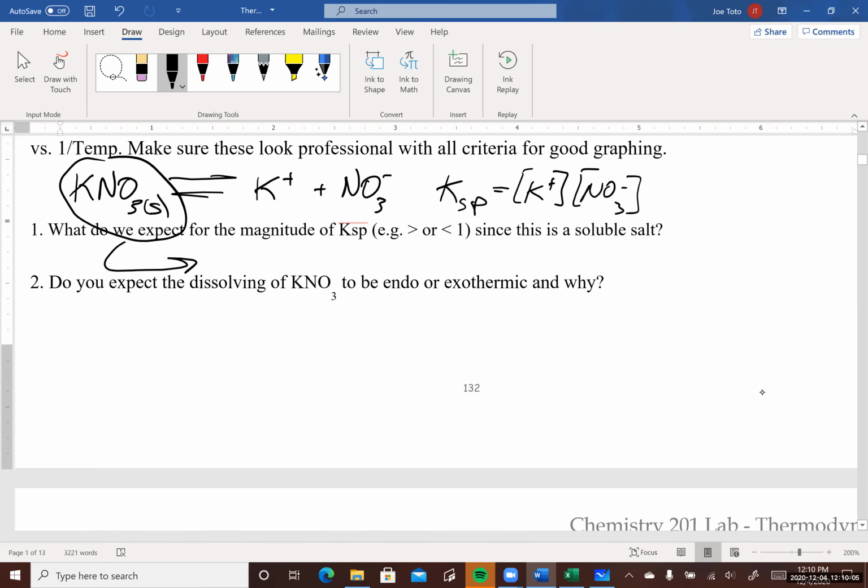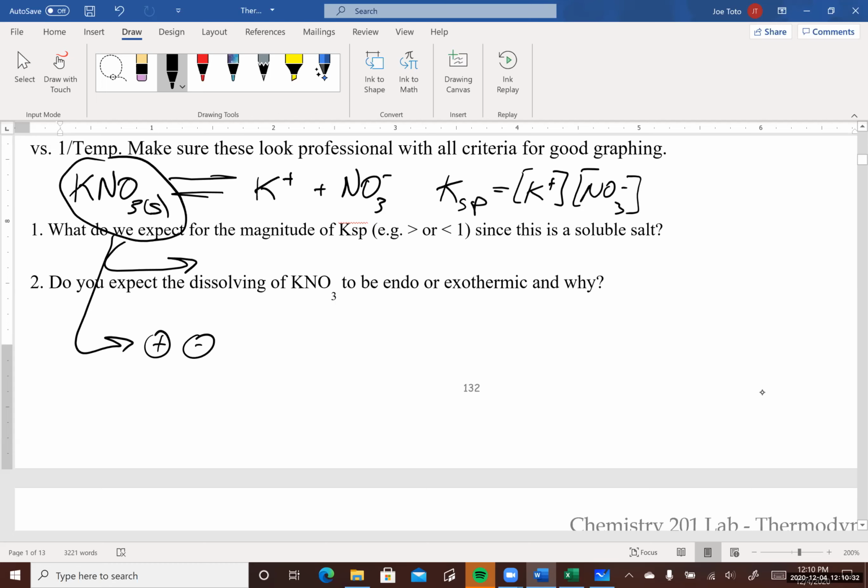Number 2, do you expect the dissolving of KNO3 to be endothermic or exothermic? Why? So you want to look at, again, the interactions of what's in the solid and what needs to be broken up. I think after you research it for a while, you'll see it's an ionic bond because it's a metal and non-metal. You know that from Chem 200.